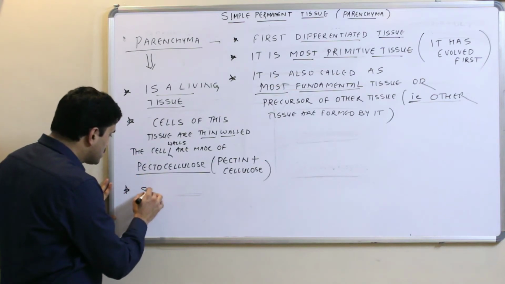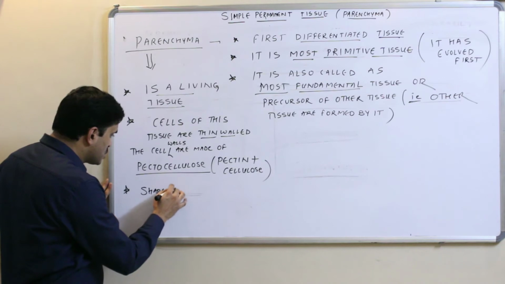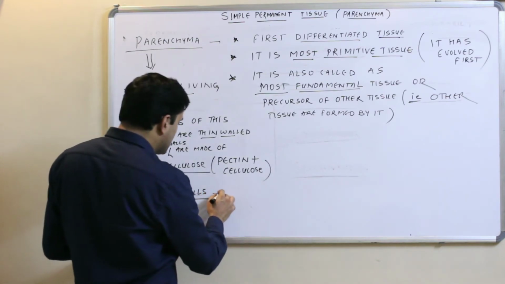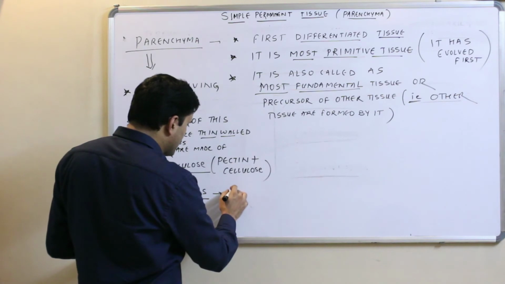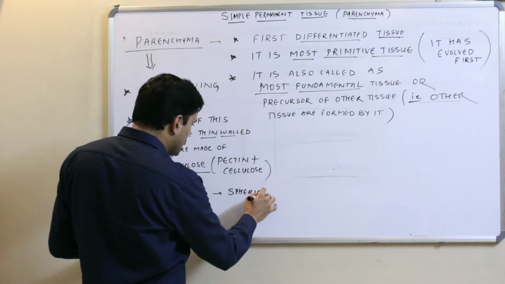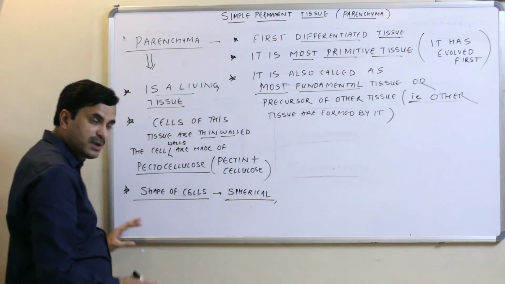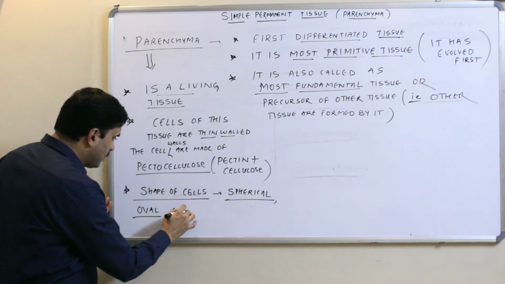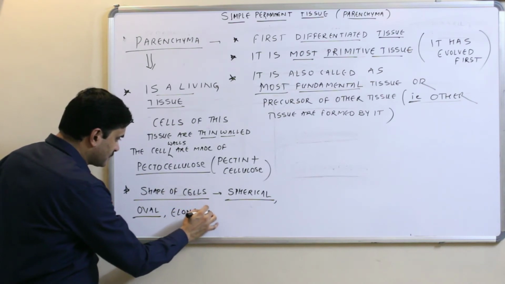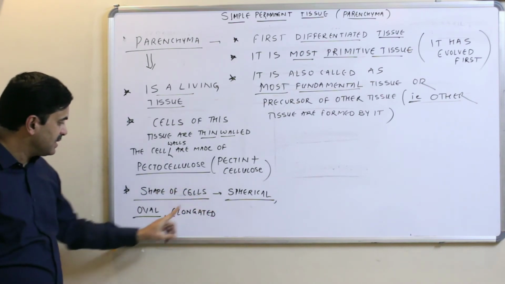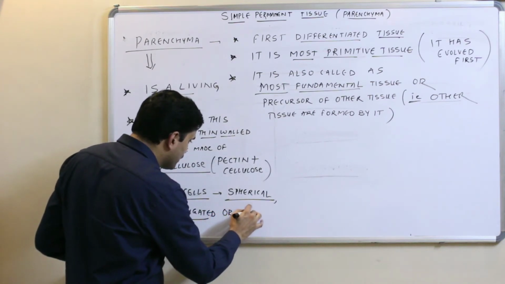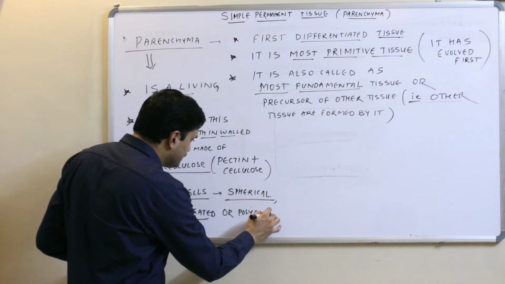Now if I talk about the shape of cells of the parenchyma, then the cells may be spherical, that is round, oval, elongated, or polygonal.